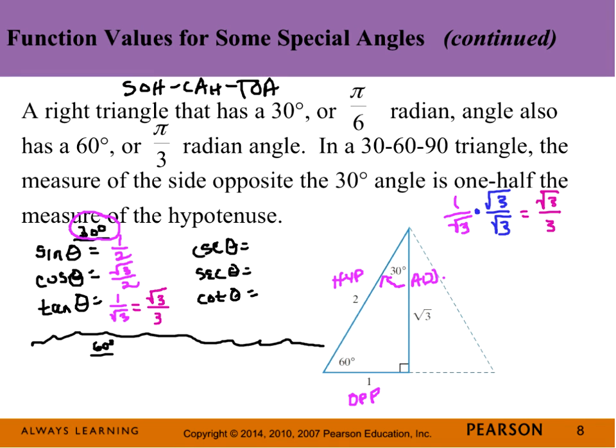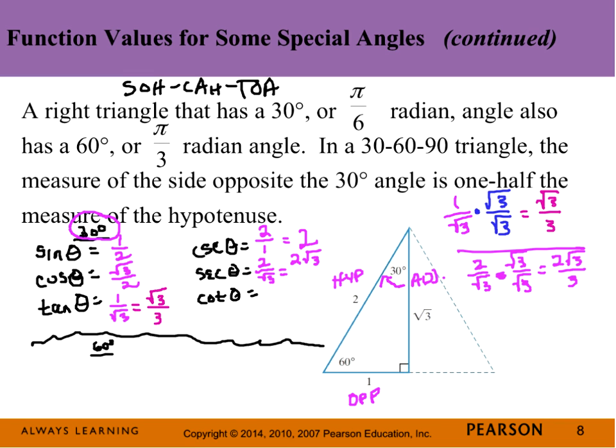All right, so now we'll look at all of the inverses here. The inverse of sine is cosecant. So this is 2 over 1, which is just 2. Inverse of cosine is secant. So 2 over square root 3. Let's come off to the side here. 2 over the square root of 3 multiplied by square root of 3 over square root of 3. So I have 2 square root 3 over 3.